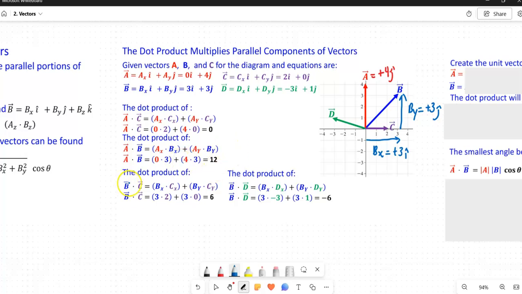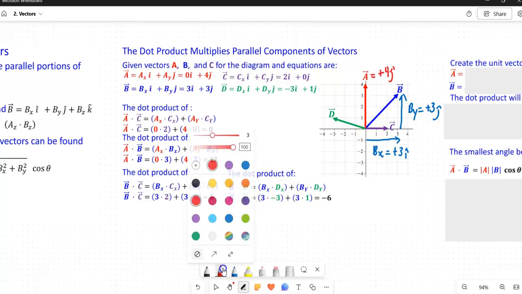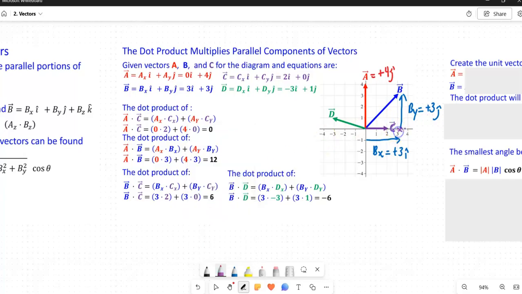Now, multiplying B times C, again, the only two portions that are parallel to each other are the x direction portions of B and C. Since C is pointing to the right, Cx is going to be equal to positive 2, in the i hat.